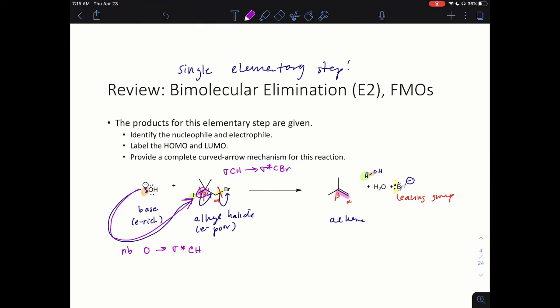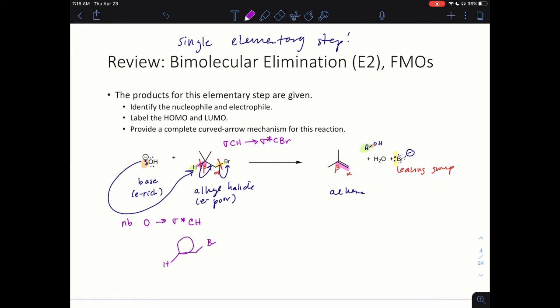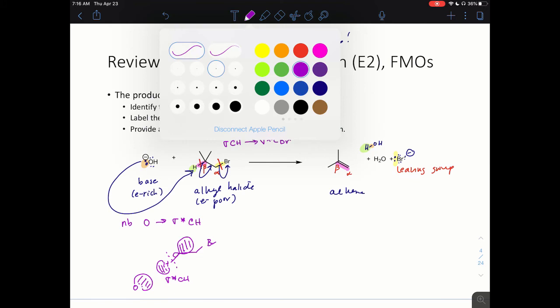So we can draw out both of those interactions, and they'll look like this. We'll draw them out here in the bottom of the slide. So here's sigma star CH, and it's empty, and it's going to interact with the non-bonding electrons on oxygen. Right, so that's our first interaction here. Okay, and so now we're going to have our second interaction.